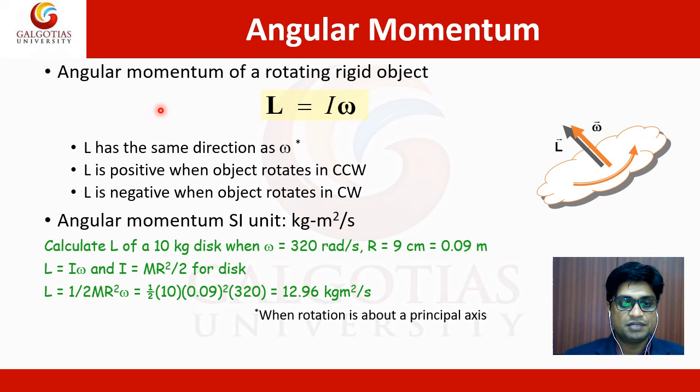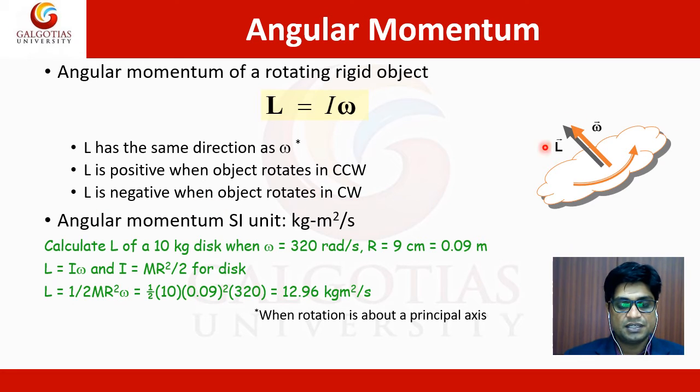What is angular momentum? Mathematically, the angular momentum of a rotating rigid object is defined by L equal to I into omega, where I is the moment of inertia and omega is the angular velocity. L has the same direction as omega, meaning the angular motion. L is positive when the object rotates counterclockwise, and L is negative when the object rotates clockwise.